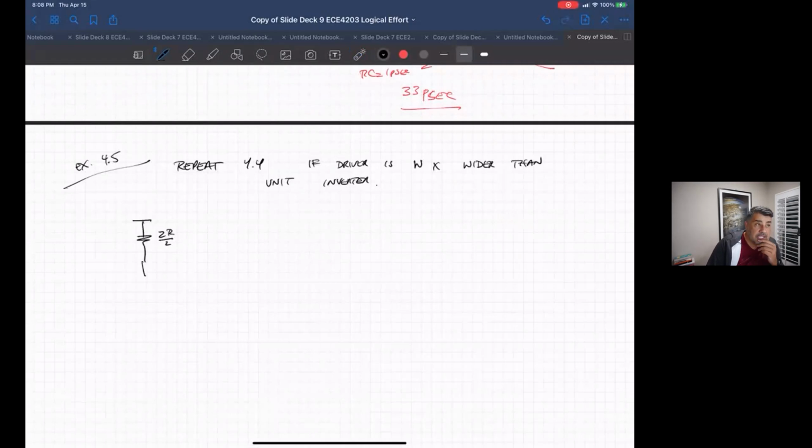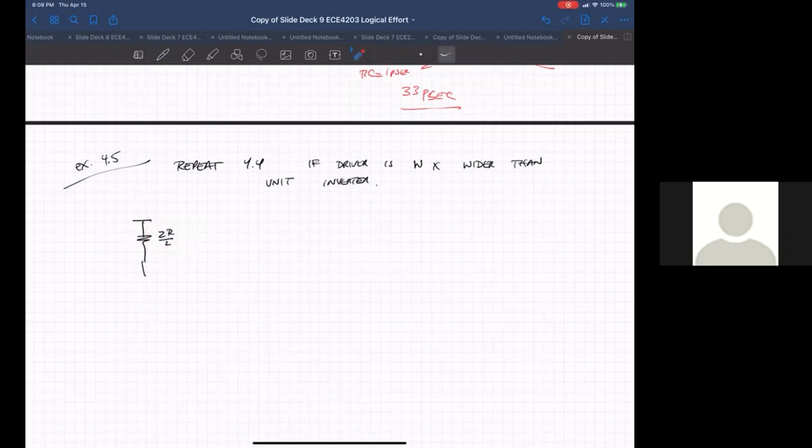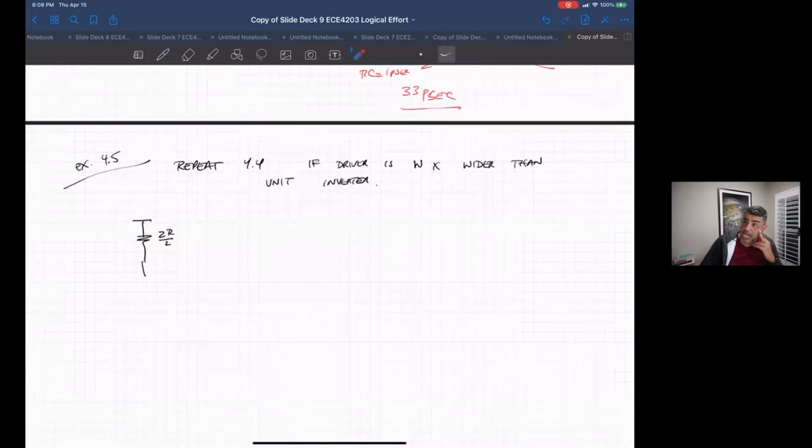Now imagine it's W times wider. What happens to the resistance of this PMOS if you make it wider? Doesn't your resistance drop? Resistance drops, exactly, and it's linearly dependent on the increase in width.